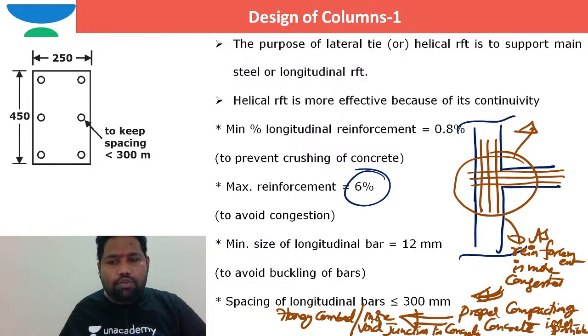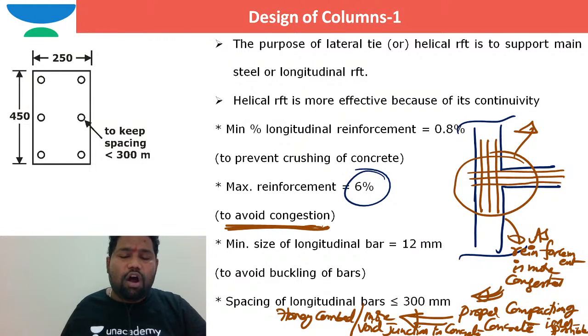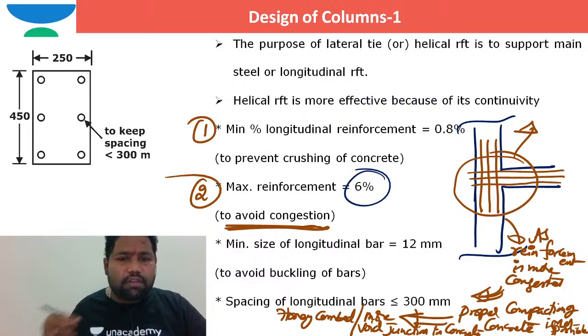As more void zones are possible in the concrete zone, the failure will happen very easily. Even though the steel is more, the failure will happen in the concrete itself. So to avoid congestion, the failure in concrete can also be avoided. It is very simple, right? We mentioned the reason for this and for the minimum also.